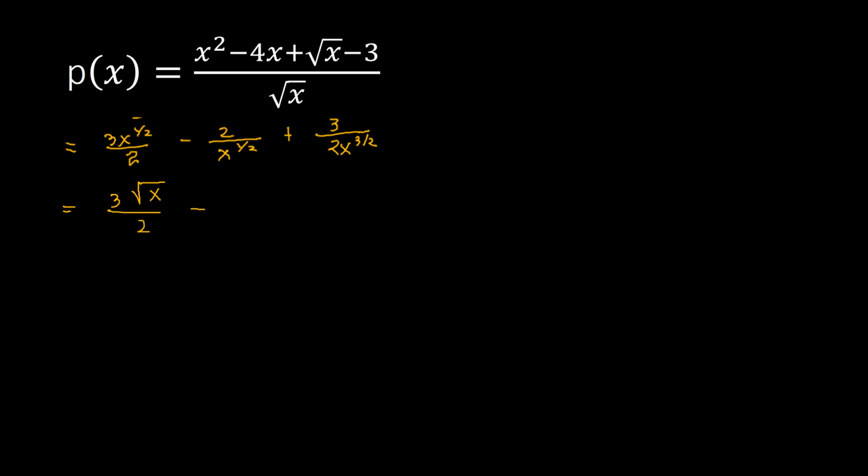And then minus, we have 2 over x to the power of 1 half, that's square root of x. And then plus 3 over 2 x to the power of 3 halves, that will become a square root of x cubed.